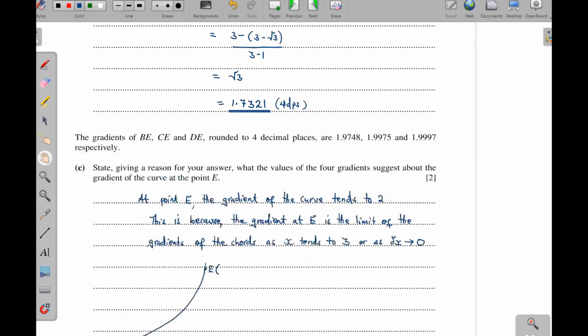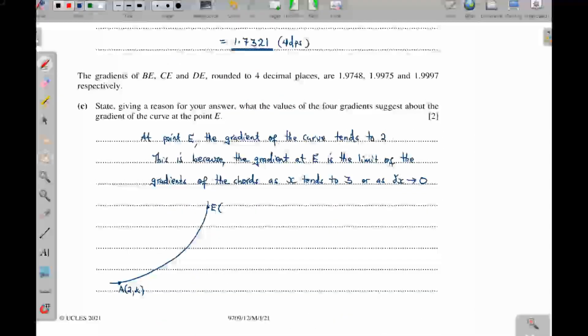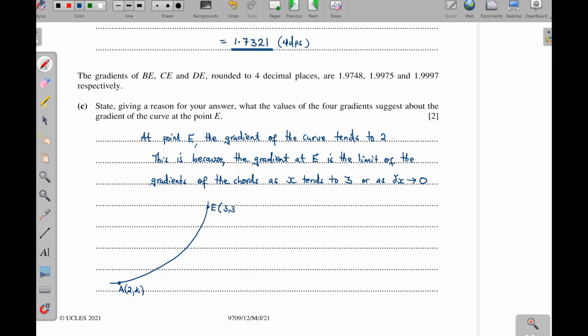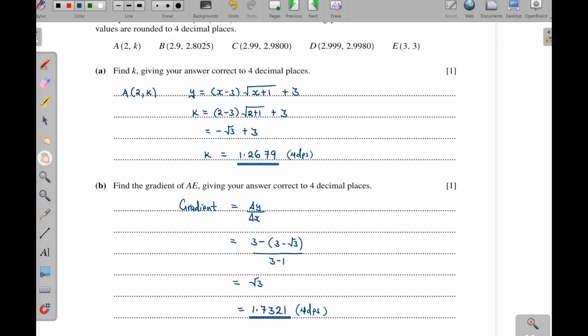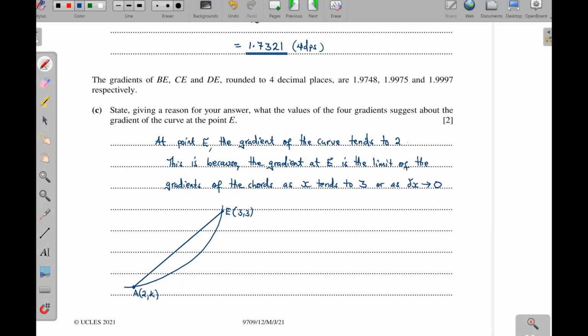Point E, you can see that its x coordinate is 3, and then the y coordinate is also 3. Now we are having these chords A to E. Which other points, by the way, do we have? We have D, C, and B. So maybe this is B, then C, then D, and then E. So there are these chords here.